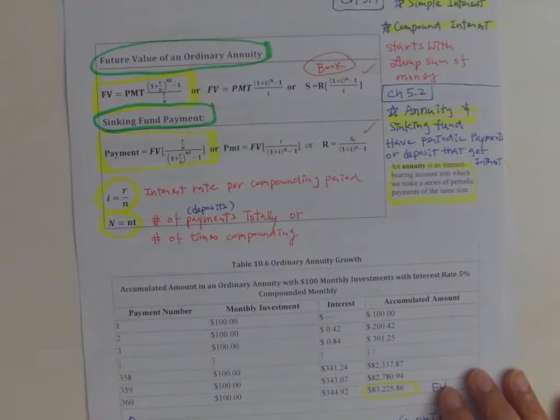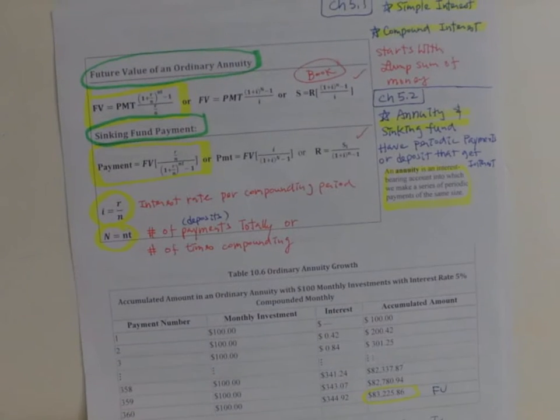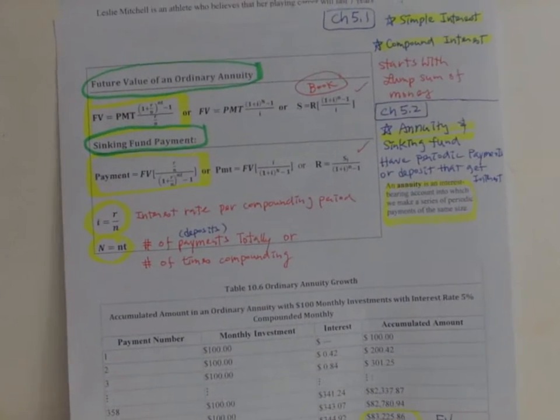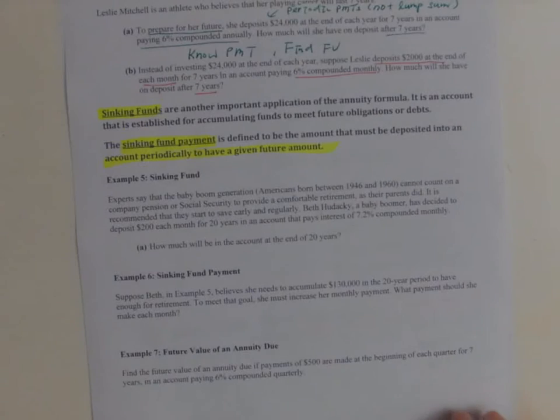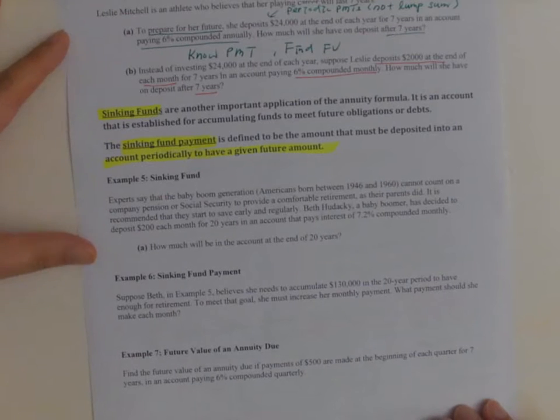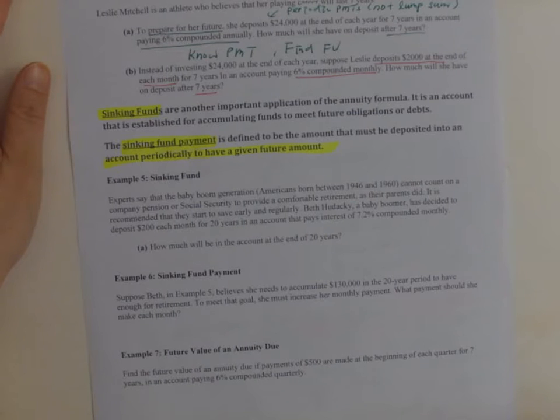Reading the question, you need to figure out what's given to you and what they are asking in order to pick the correct formula, right? So looking at number 5. Experts say the baby boom generation, people born between 1946 and 1960, cannot count on a company's pension or social security to provide a comfortable retirement as their parents did.